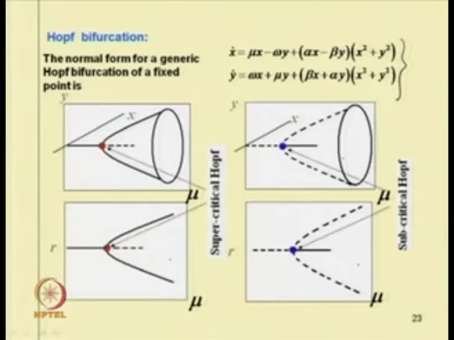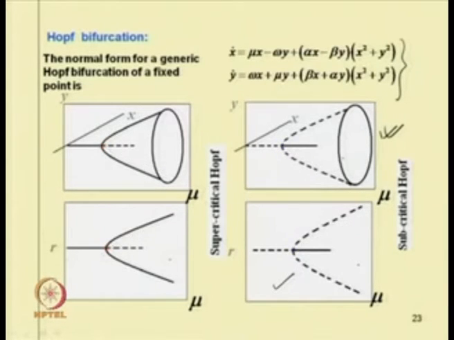This is also shown in the R-mu plane, and this in the x-y-mu plane. In the case of the Hopf bifurcation, we obtain a stable or unstable periodic response from the fixed point response.